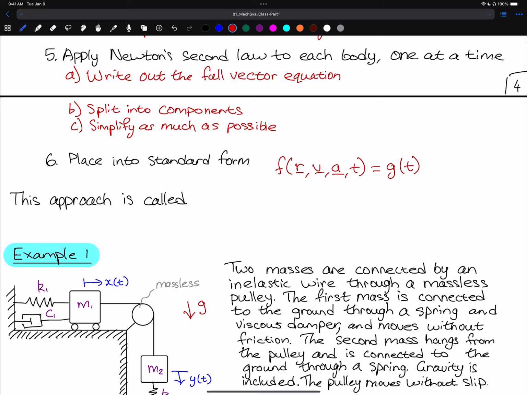So what this means is that we'll have all terms that involve position, velocity, and acceleration, and any time varying parameters multiplying those on the left-hand side. And these don't necessarily need to be in a vector form. I mean, we would obviously break this into components. So really this would be something like f of x, x dot, x double dot, and then t for time varying parameters equal to a function g of t.